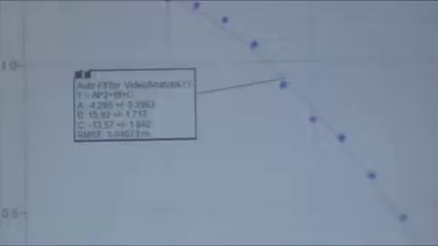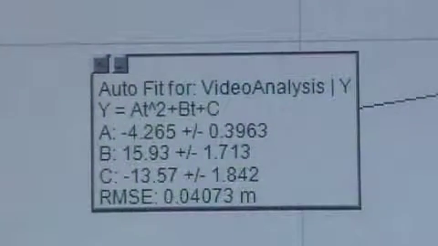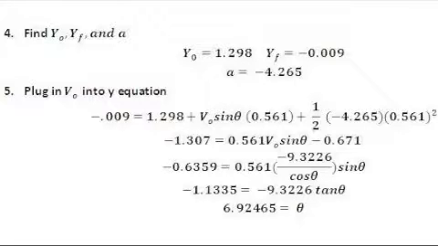Now using curve fit, our acceleration is negative 4.265 meters per second squared. We plugged everything we found so far into our y final equation and found that our angle was a mere 6.92 degrees. Pretty accurate for aiming for a 0.